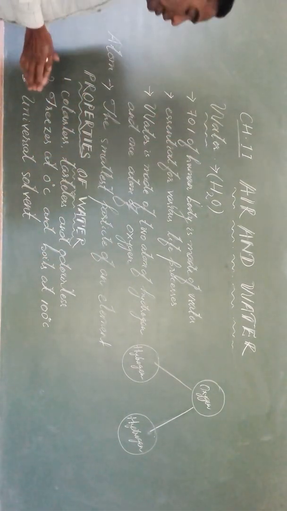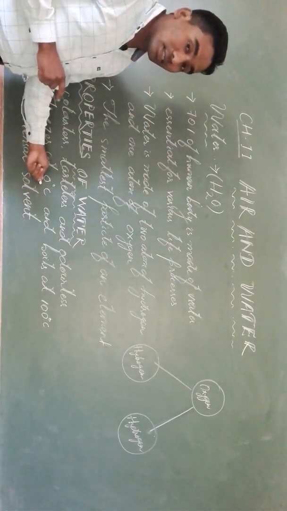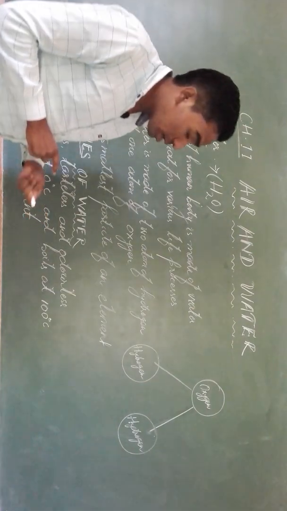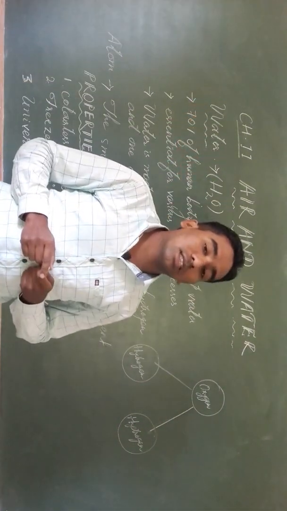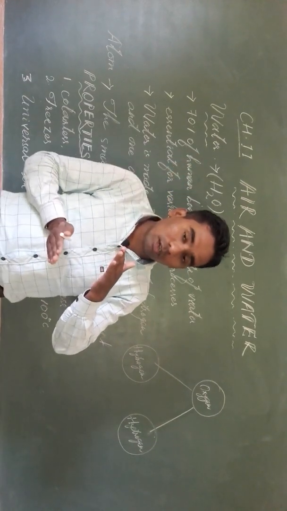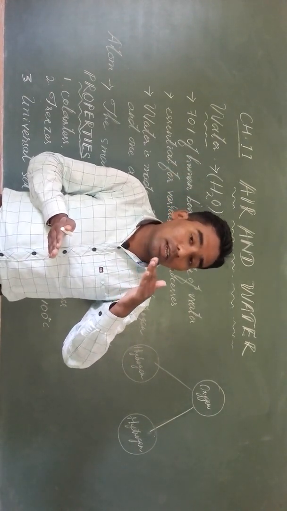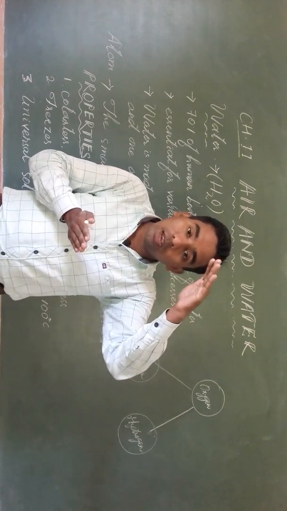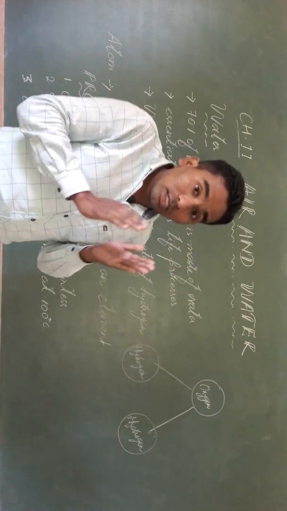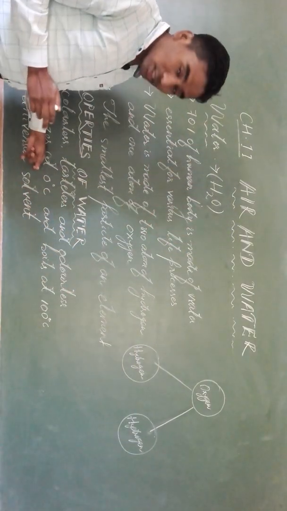Second one, it freezes at 0 degree centigrade and boils at 100 degree Celsius. When the temperature reaches 100 degrees, at that time the water starts to boil, and it starts to freeze at about 0 degree Celsius.